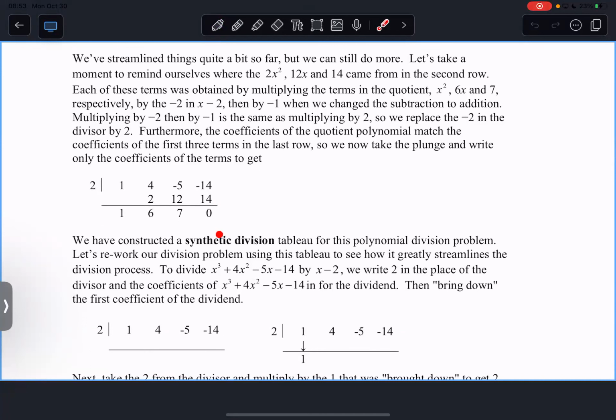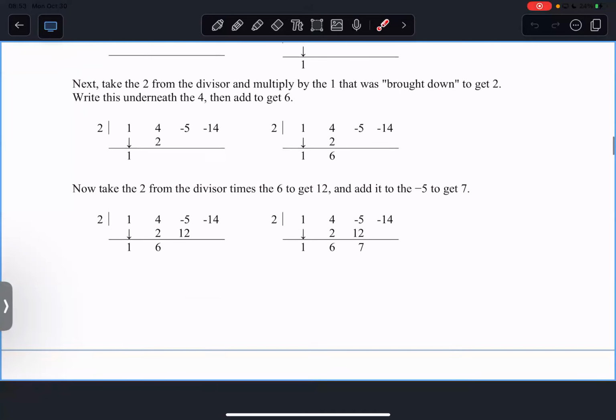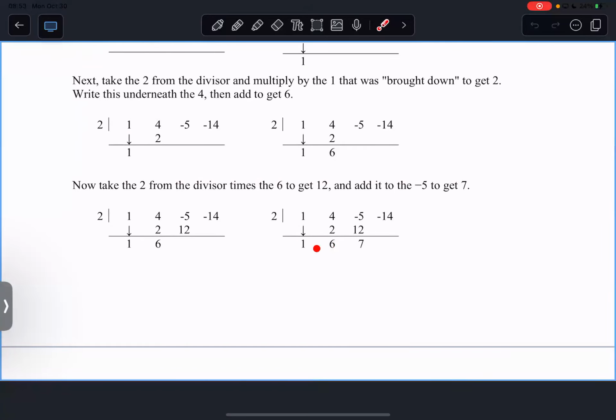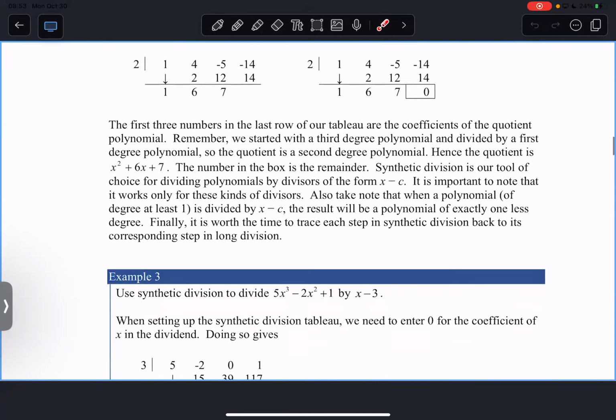Because I don't want to cloud your minds, and I would prefer to just work on the long division, I'm going to leave this to you. If you want to use synthetic division on the test, for example, that's totally fine. But it's up to you to learn it on your own. You're still doing the same math. It just compresses it, removes all the x's, and then you put them back in. It's nothing crazy.